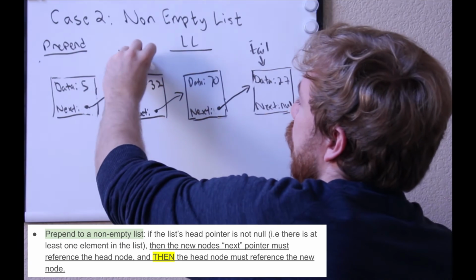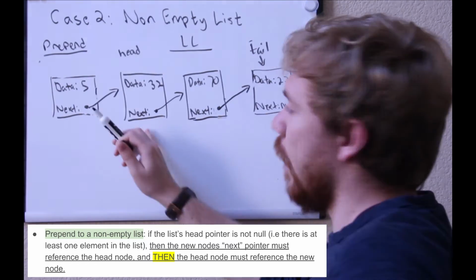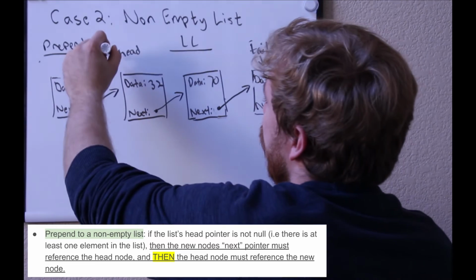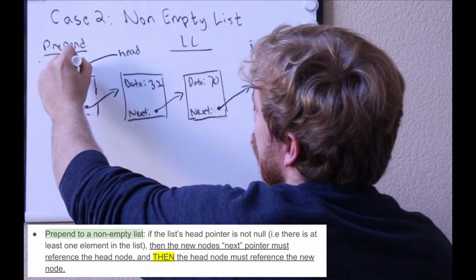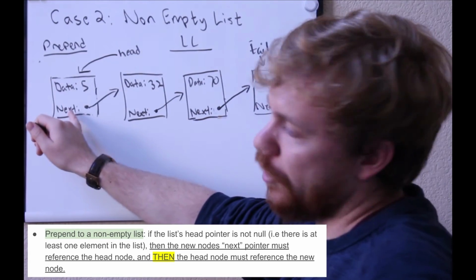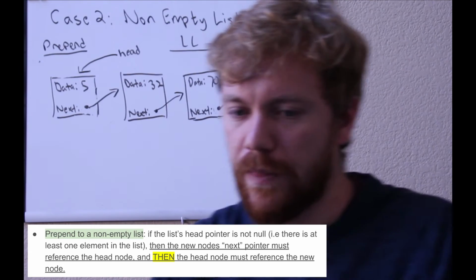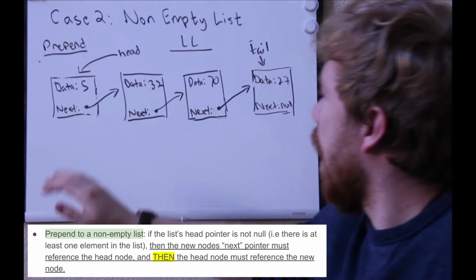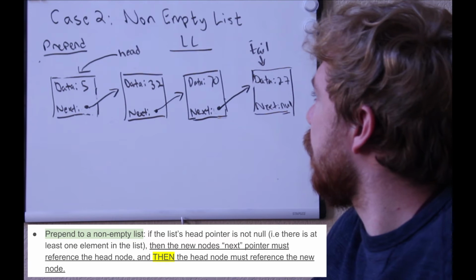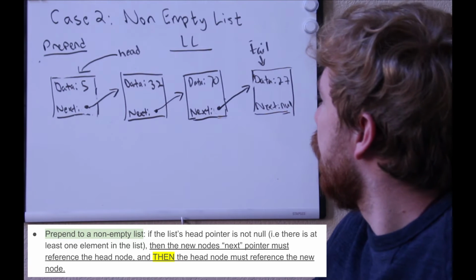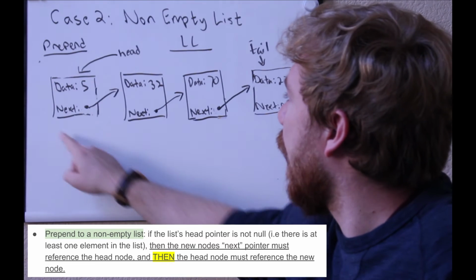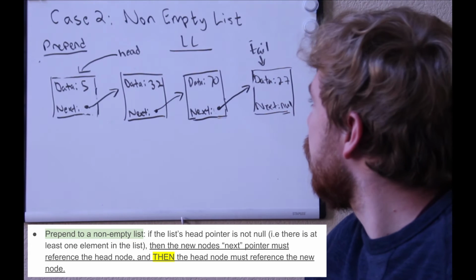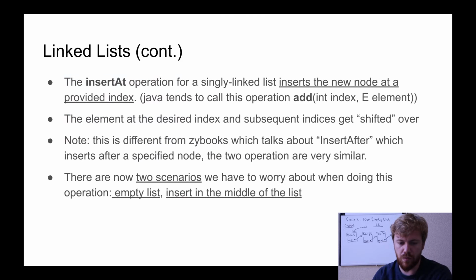We say, okay, head no longer references this object, instead head will reference this object, or this node. And now we have successfully prepended to the linked list. The new node is now the head node of the entire linked list. So on to the next operation.